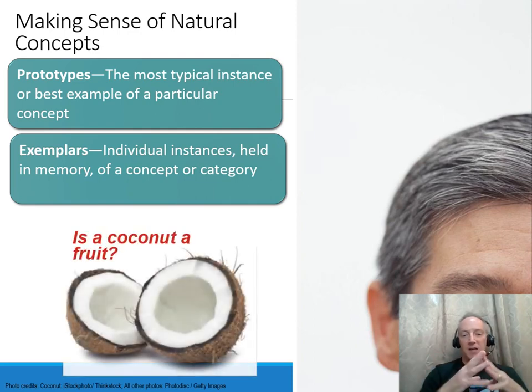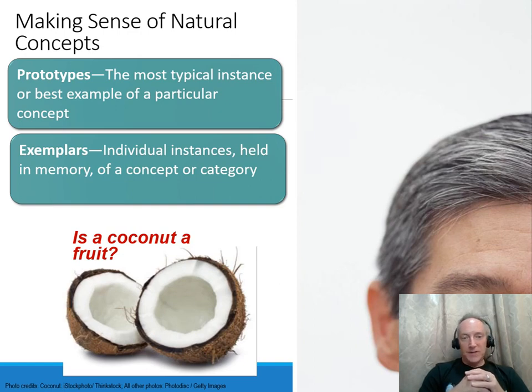If I say the natural concept of fruit, what comes to mind? How do you represent that whole category? Most people would probably think of an apple, an orange, some common type of fruit that you use to represent that whole category. But then there are lots and lots of different types of fruits that would be the individual exemplars.